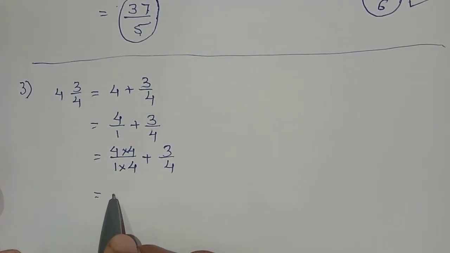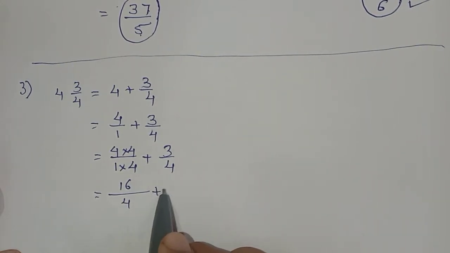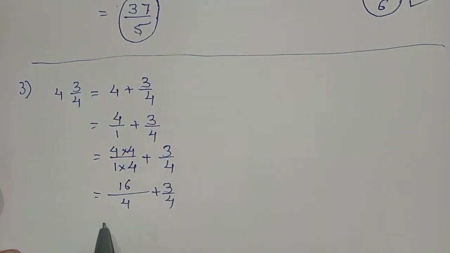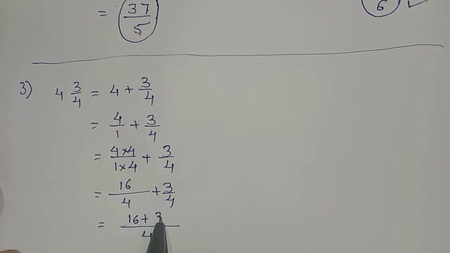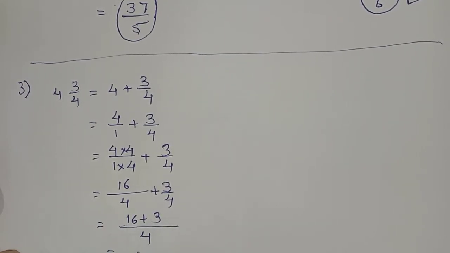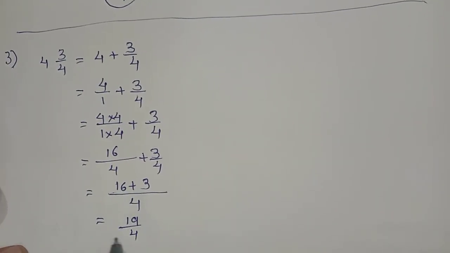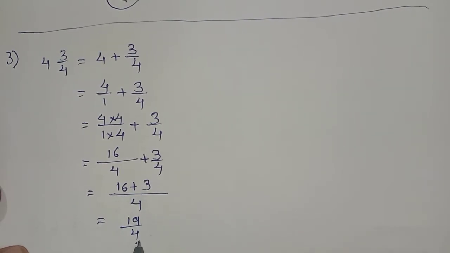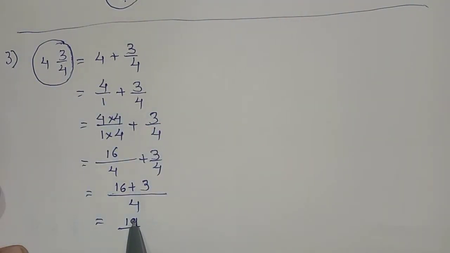We get 4 fours are 16, 16 upon 4 plus 3 upon 4. Now denominators are equal, we can write 4 in the denominator, 16 plus 3 is equal to 19. 16 and 3 is 19, so 19 upon 4. We have converted the mixed number into an improper fraction.